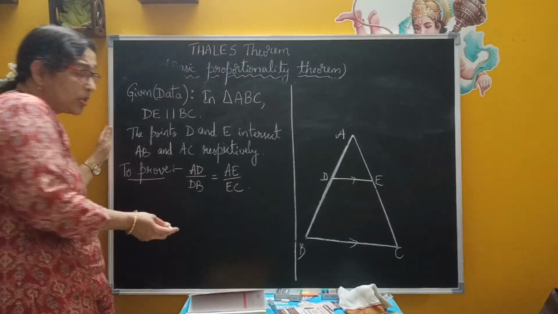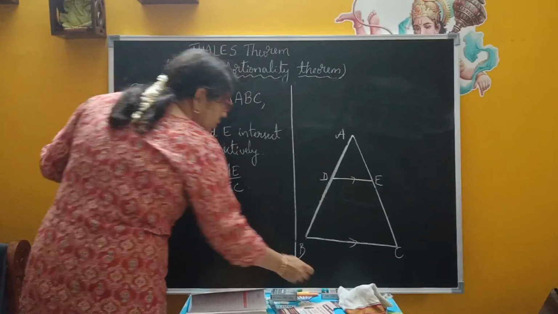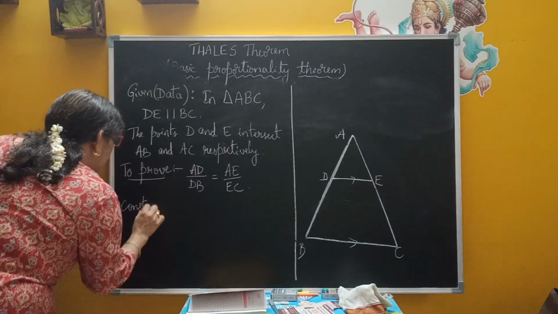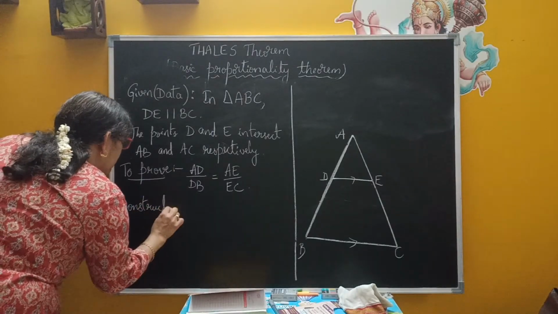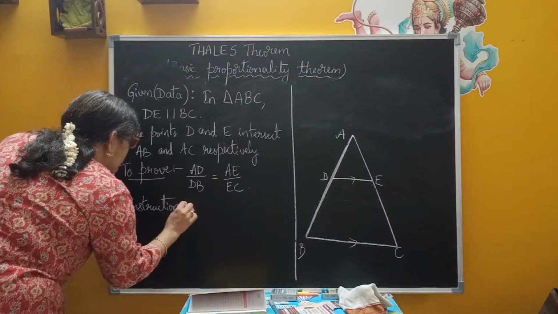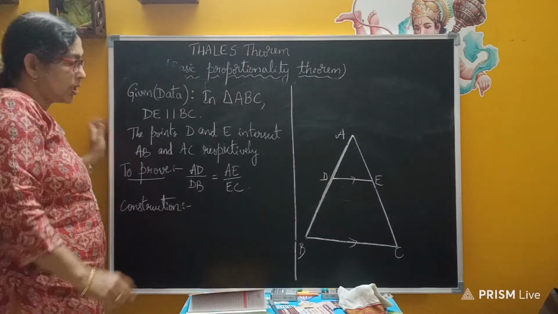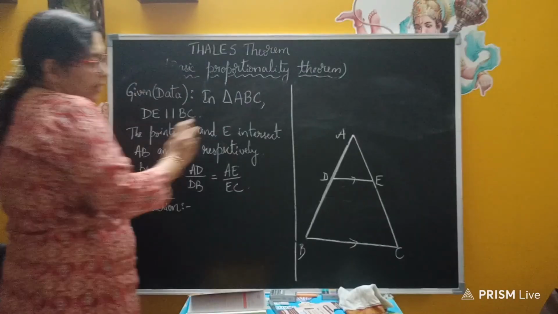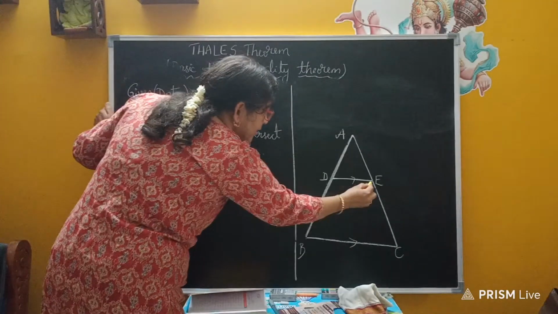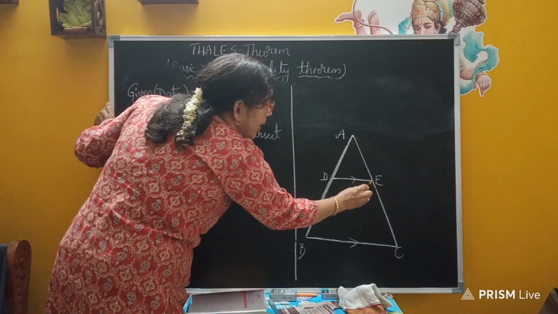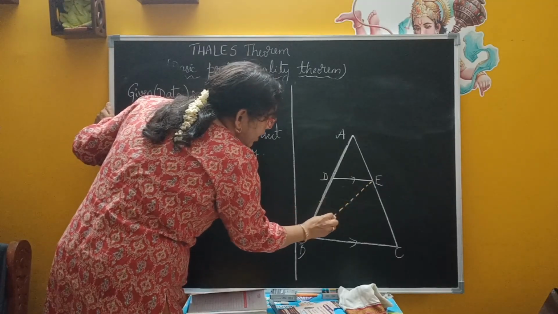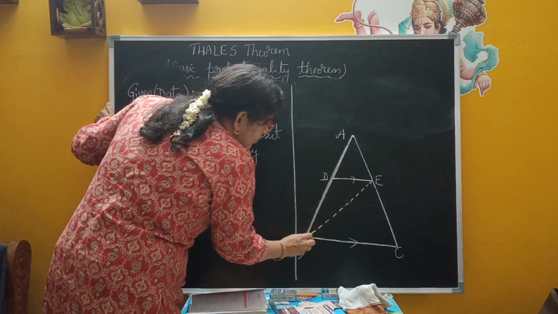Now let us do some construction. Let us join BE. When you do additional construction which is not there in the statement, that should be done with dotted lines.